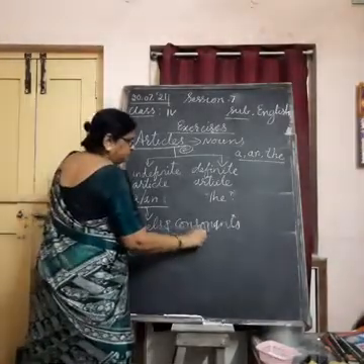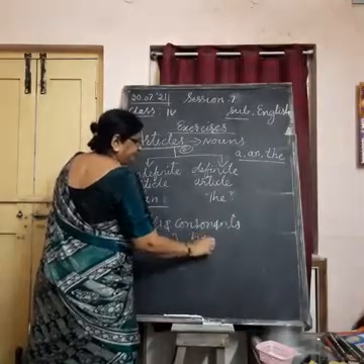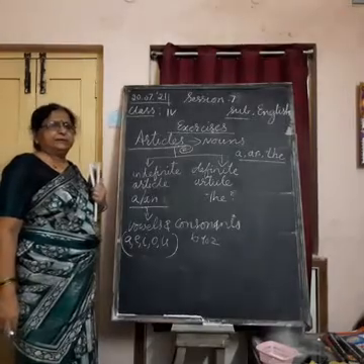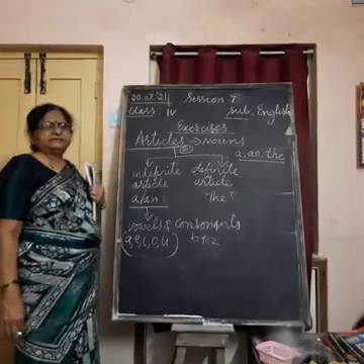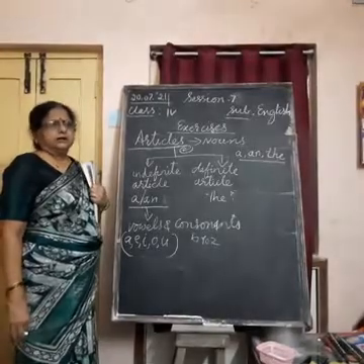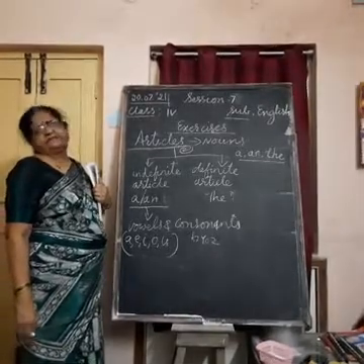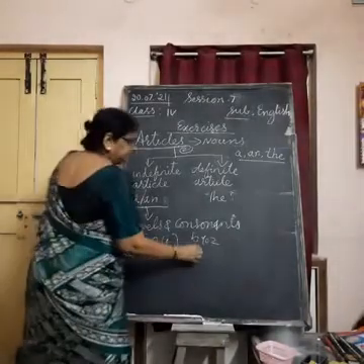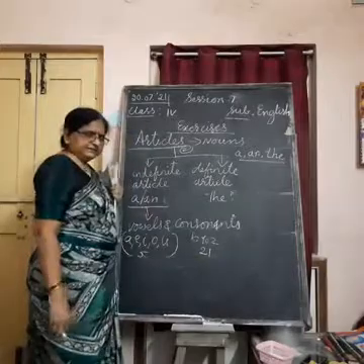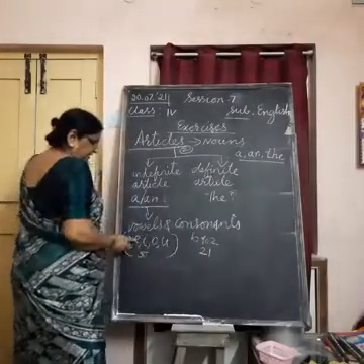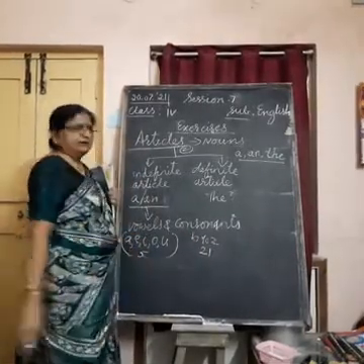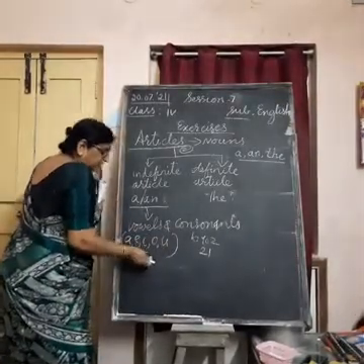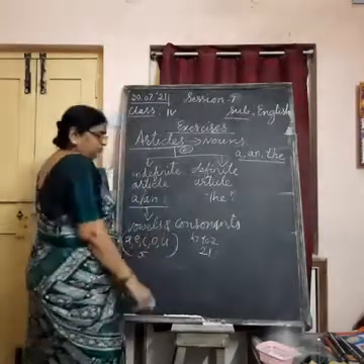Remaining from B to Z: B, C, D, F, G, H, J, K, L, M, N, P, Q, R, S, T, V, W, X, Y, Z. So these are 5 in the English alphabet. These are 21. Total 26. Out of 26, these 5, A, E, I, O, U, are vowels, and other letters are called consonants.